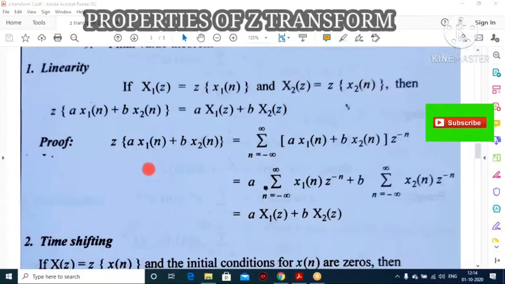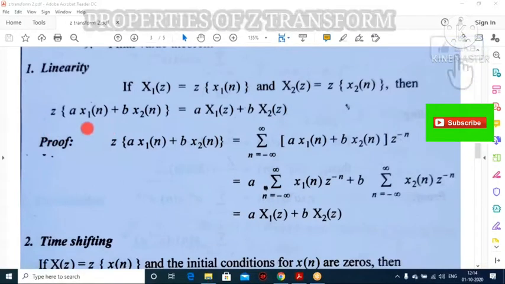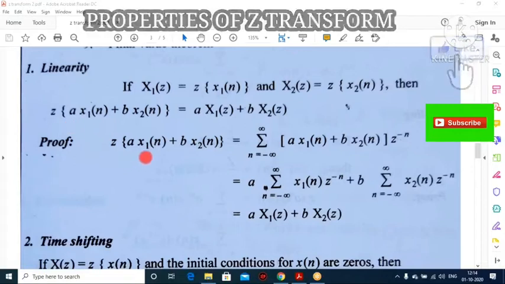Proof. Let us take the left hand side: the Z transform of a x1(n) plus b x2(n). You know the definition of Z transform.